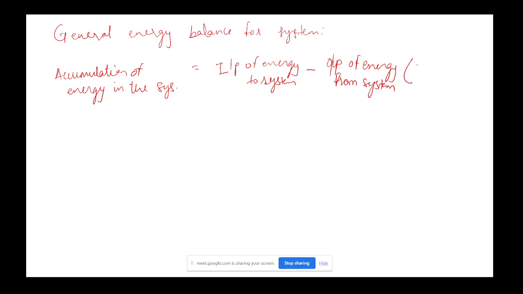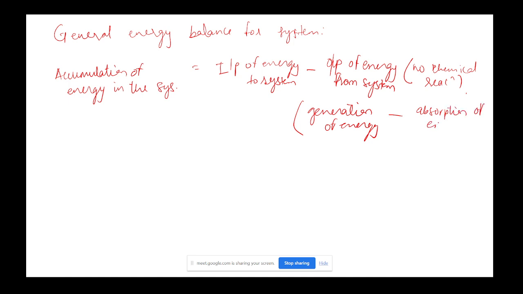This is when there is no chemical reaction. Otherwise there will be two terms for generation of energy and minus absorption of energy or consumption.